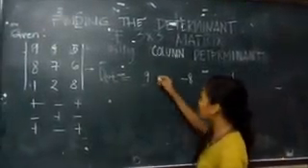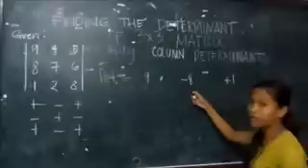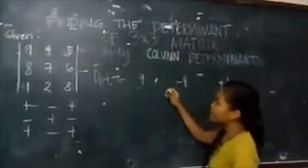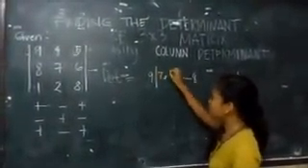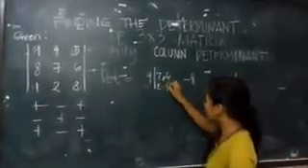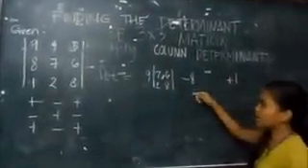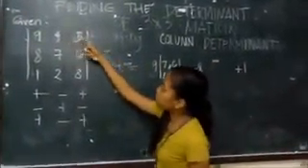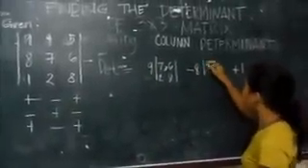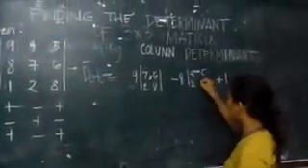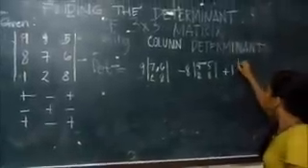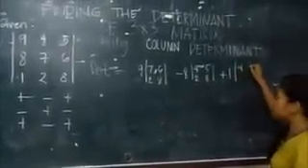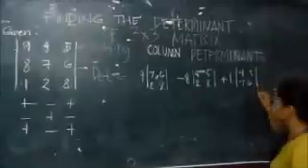Then we'll get the cofactors of each principal minor. The cofactor of 9 is 7, 6, 2, and 8. The cofactor of 8 is 4, 5, 2, and 8. And the cofactor for 1 is 4, 5, 7, and 6.